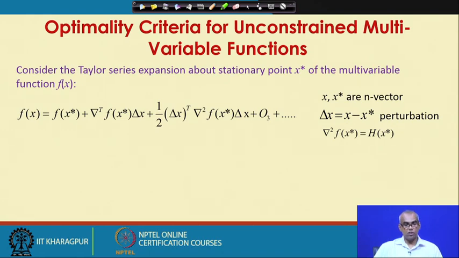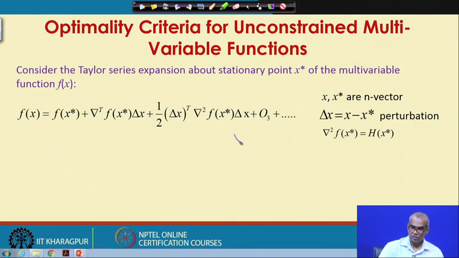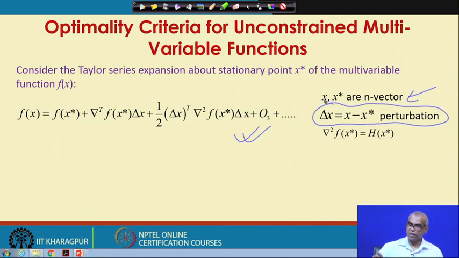So, now let us consider a Taylor series expansion about the stationary point x star of the multivariable function f x. So, we can write this expression using Taylor theorem. Note that x and x star are all n vectors and we are considering x minus x star, delta x, as perturbation.